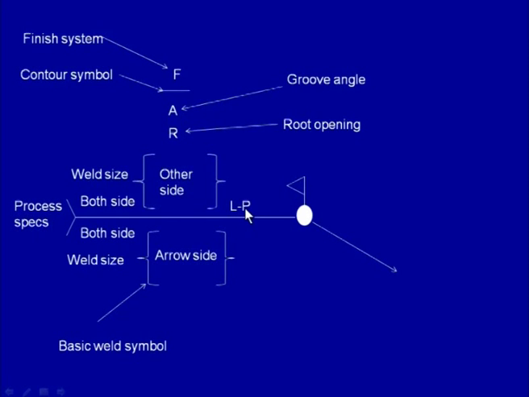While on the left side we need to mention the size of the weld, which can be in the form of the throat thickness or the leg length of the weld in case of the fillet weld. So, this is how we can step by step indicate the various important information required to be communicated to the shop floor persons for developing the weld joints successfully.